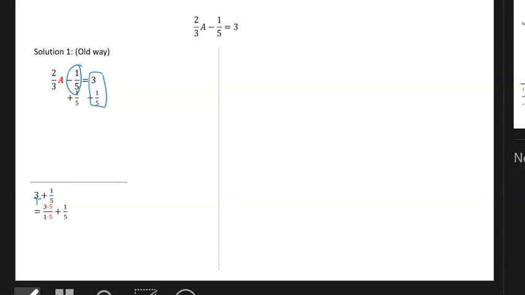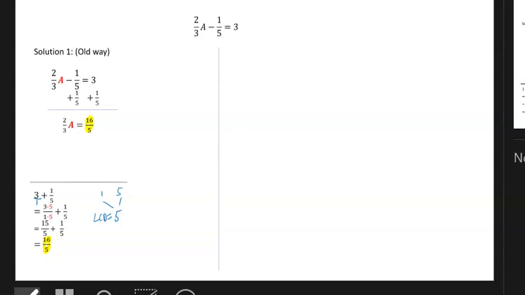Notice 1 and 5 both go into 5, so the common denominator is 5. We can multiply the first, 3 over 1, by 5 to get 15/5. Now we can add numerators, which is 16/5. So the old way does take a little bit of time adding fractions. This is how I got 16/5 from the addition.